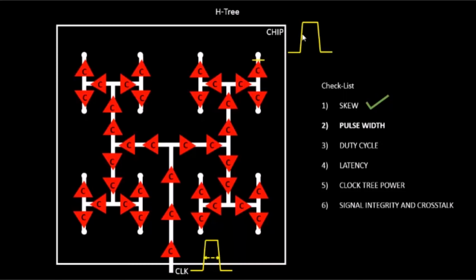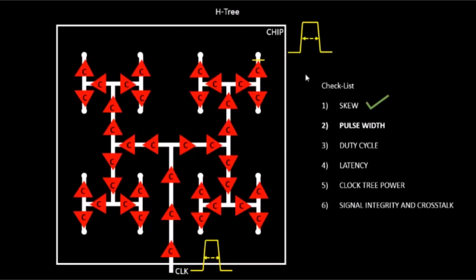It is not as bad as 600 or 700 picoseconds. It could be 520, 530 picoseconds if we actually measure. It is slightly bigger, but within the acceptable range, which is okay for us.